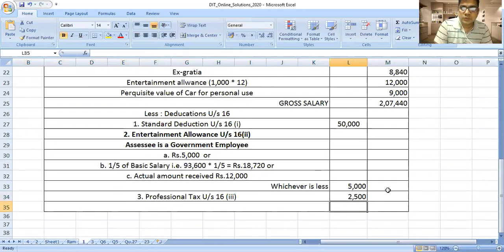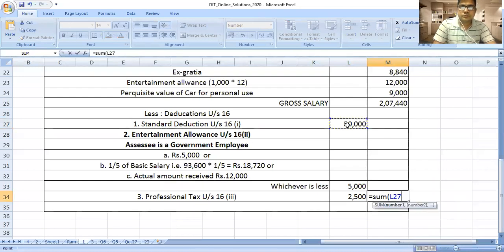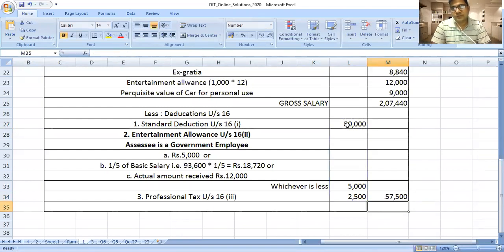Okay, so here we got three deductions. The total of the three deductions is 57,500.